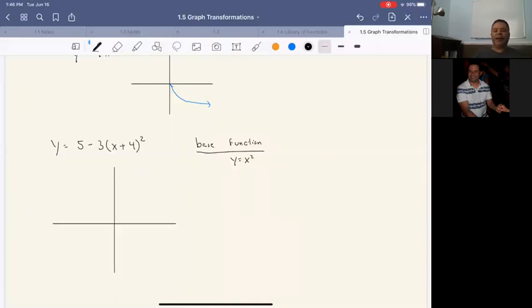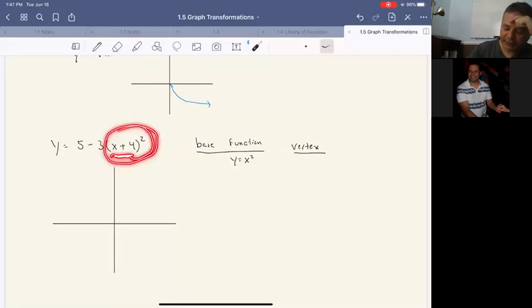Okay, now where is our vertex? Our vertex is whatever makes the thing we're squaring 0 and the point at which that occurs. So -4 is the x-coordinate, and 5 is the y-coordinate.